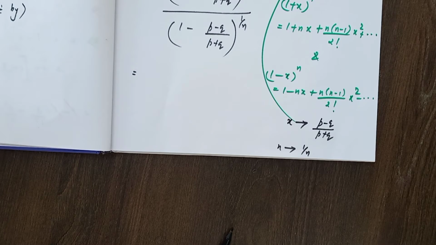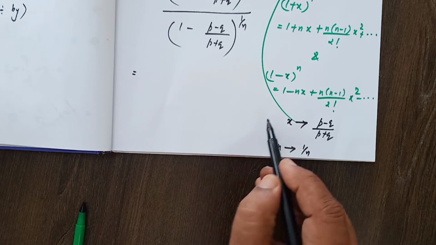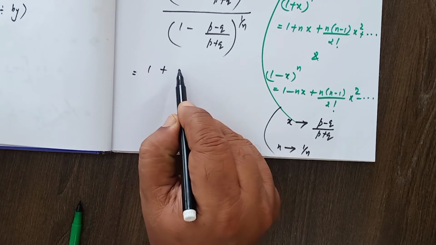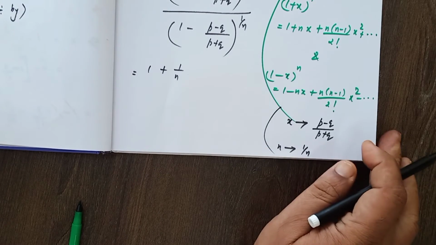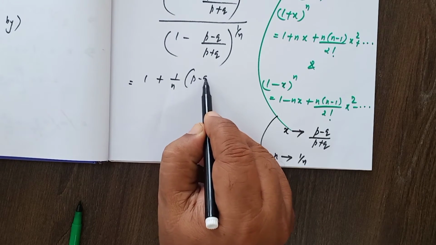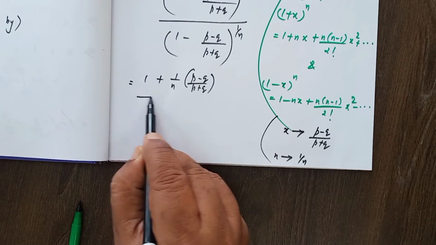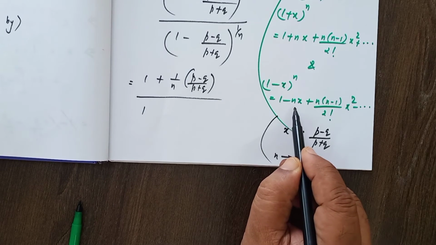Now 1 plus nx, n is equal to 1 by n, and x is equal to p minus q divided by p plus q, whole divided by 1 minus nx.